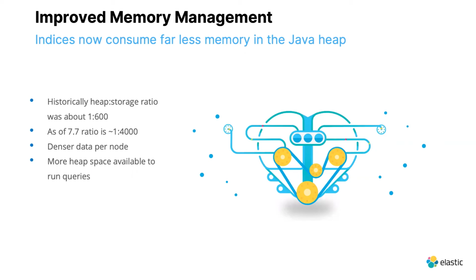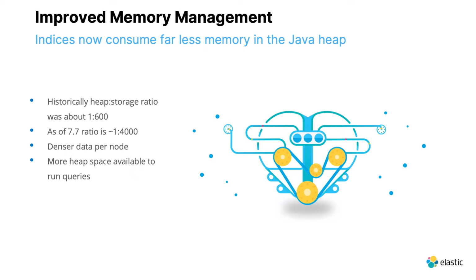The first thing that's really exciting is starting with version 7.7 of the Elastic Stack. Elasticsearch now is much more efficient with how it handles memory. As you know, in Elasticsearch, data is organized into indexes, and every index that's in Elasticsearch requires some amount of overhead to be loaded into the Java heap.